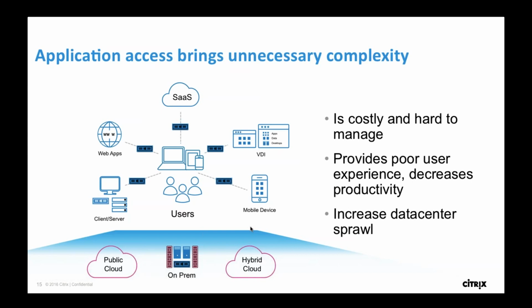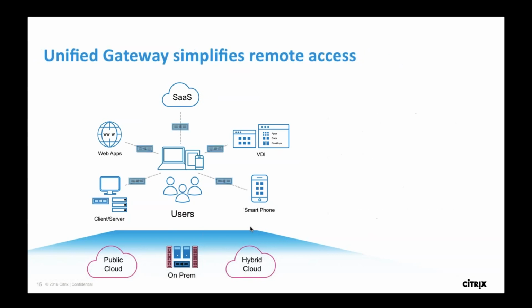It's hard to manage and it's expensive. Just managing IP addresses and public URLs and this portal for that and this portal for the other thing. The complicated user experience of where do I go to get to things? I go here for this app, I go this other place for this other app. And so it's very much of a learning curve for the typical end user, and it can also result in data center sprawl. So how do we solve that?